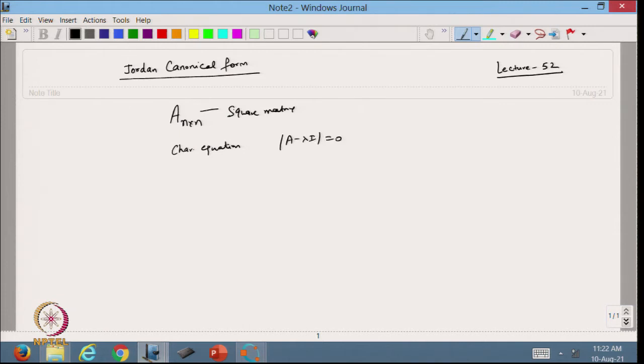That is the characteristic equation, and it is a polynomial. Since it is n cross n, I will get an nth degree polynomial.